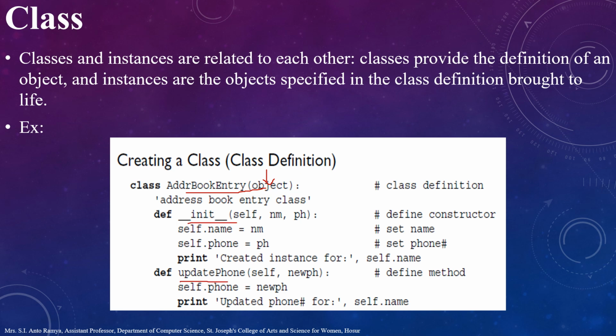In init, we are passing three parameters: self, nm, ph. Self dot name is equal to nm and self dot phone is equal to ph. These are the values that we are going to pass. Print created instance for self dot name. Def update phone, self, new phone. So self dot phone is equal to new phone, and we are going to print the updated phone number.